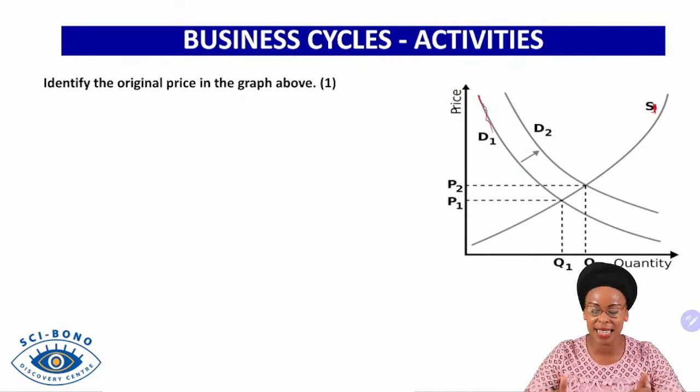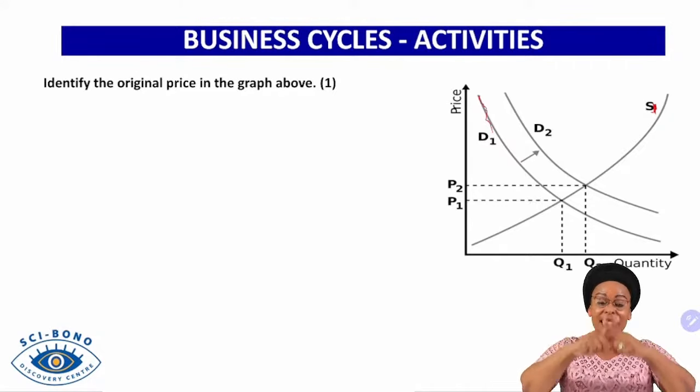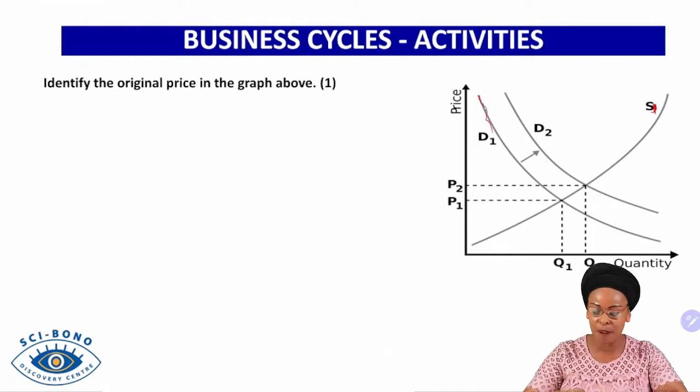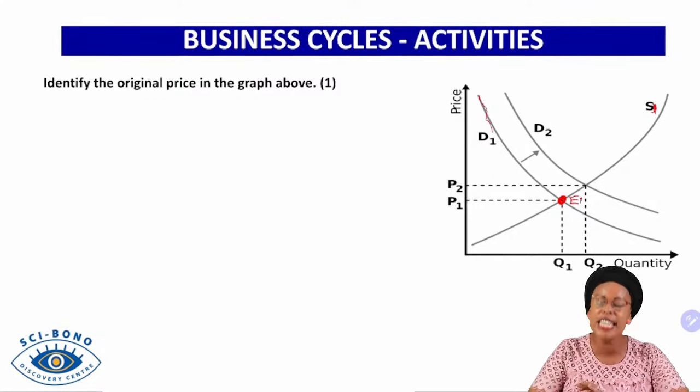Remember in grade 10, that is where you were taught how to draw the graph which shows price formation where demand and supply intersect. So D1 and S1 will intersect at this point, and I will label it E1.